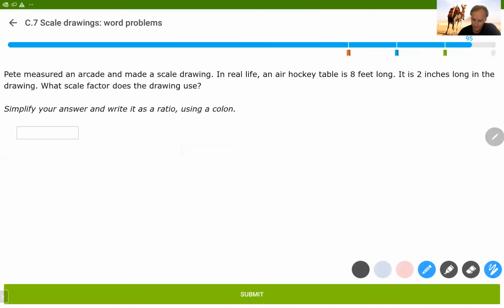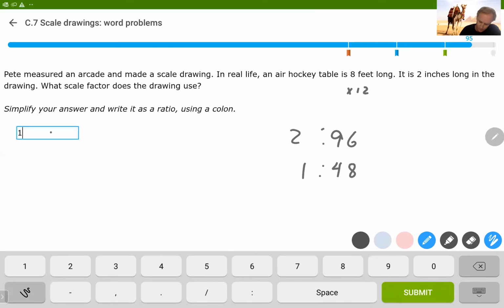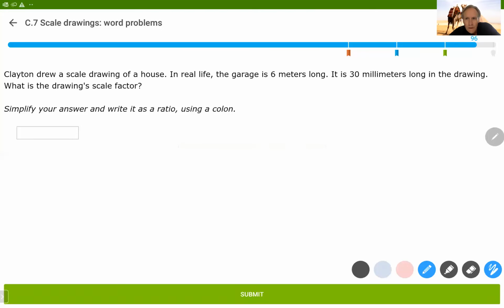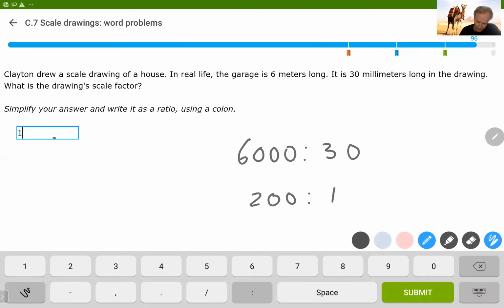Eight to 2 inches, 8 feet. That's multiplied by 12. That's going to be 96. So it's 2 to 96, which is 1 to 48. And 6,000 to 30. Divide by 30 and you get 200 to 1. And we have to write it the other way, 1 to 200.